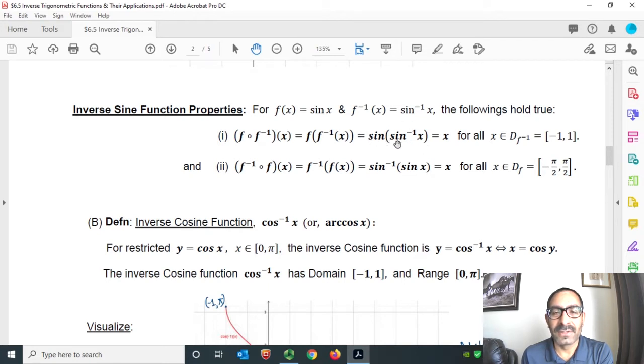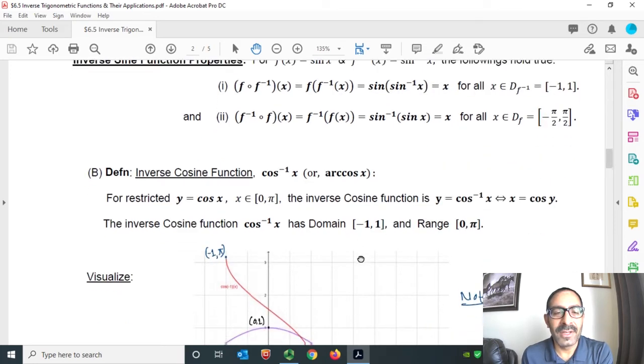Then the function and inverse function cancel, so it only gives us x for all x in the domain of f inverse. Similarly, I can switch these compositions. F inverse composite f evaluated at x equals f inverse of f(x) equals sine inverse of sine x equals x for all x in the domain of f.